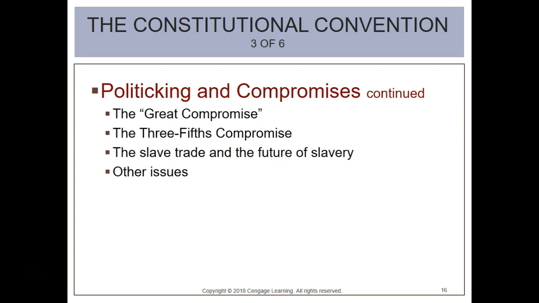Okay, so the 3/5 rule basically said that the House and the Electoral College would be apportioned in part on the basis of property, specifically property in slaves, and referring to slavery in terms of value, making African Americans essentially 3/5 value when compared to whites.